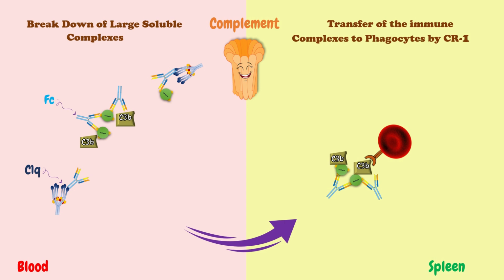Here, macrophages also have CR1 along with the Fc receptors, or FcR. FcR is a family of receptors found at the surface of many cell types that bind to the constant region of antibodies, called the Fc region.